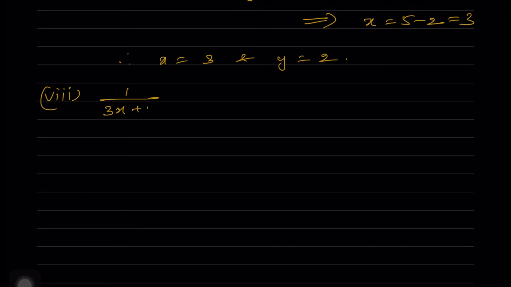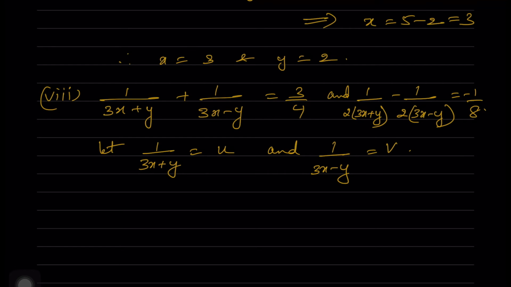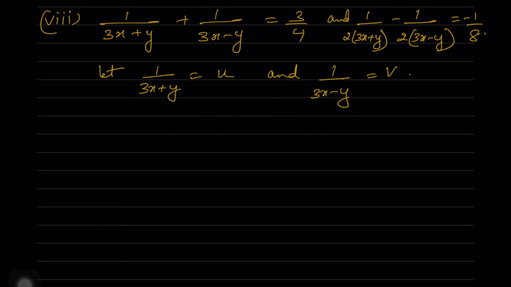Then the 8th one, the last bit in this first problem: 1 by 3x plus y plus 1 by 3x minus y is equal to 3 by 4, and 1 by 2 into 3x plus y minus 1 by 2 into 3x minus y is equal to minus 1 by 8. So here we are going to let 1 by 3x plus y be equal to u, and 1 by 3x minus y is equal to v.